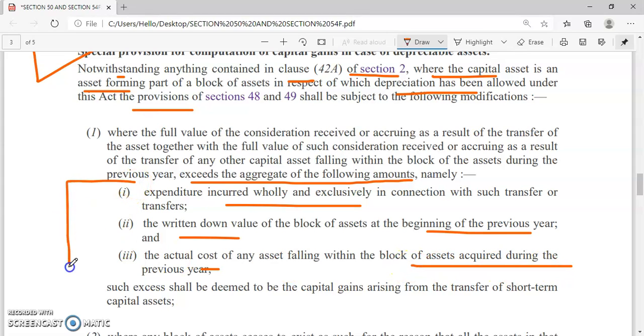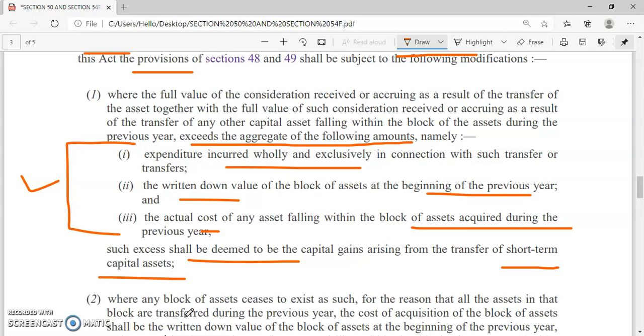If the full value of consideration is more than these three, then such excess shall be deemed to be the capital gain, and such capital gain shall be the short term capital gain. So the depreciable asset is always treated as a short term capital asset.